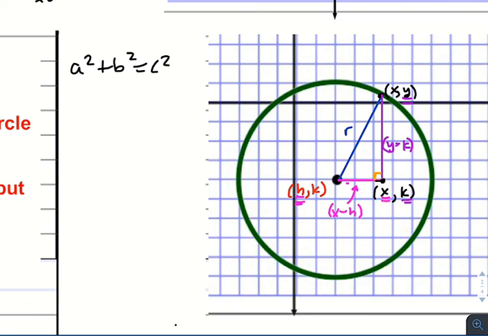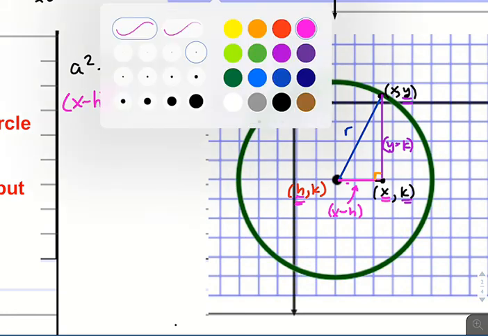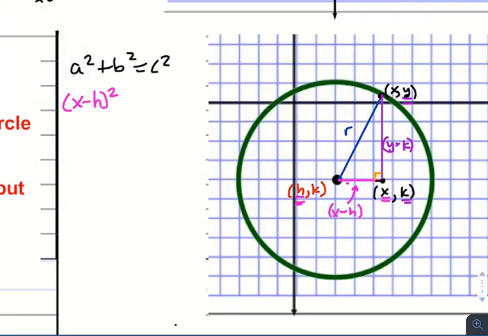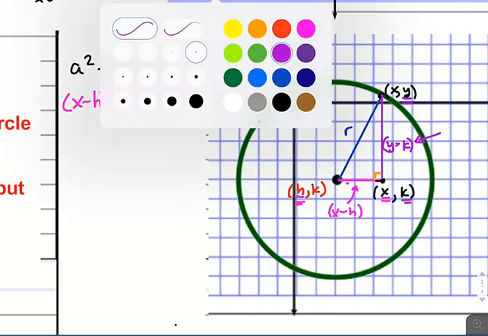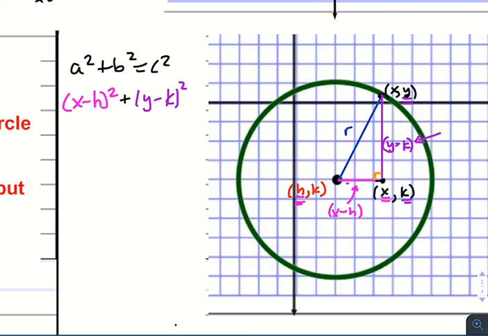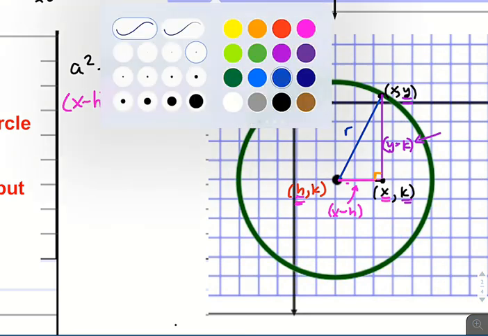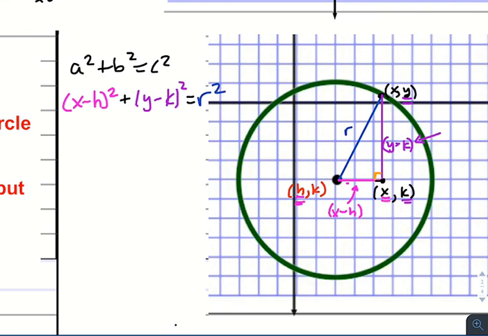Instead of y, which is this guy up here, we should have y minus k, squared. And that still should be equal to the r squared value. Okay? And so with a quick adjustment, if we don't have a center at 0 comma 0, we have a modification of the circle's formula.